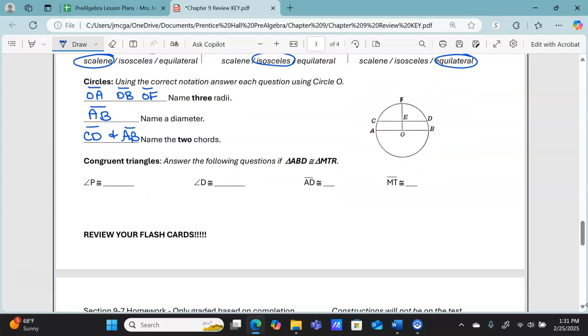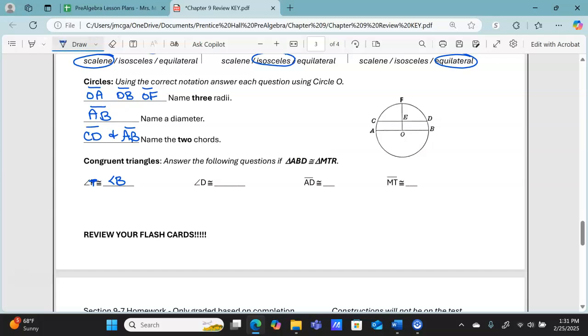Congruent triangles. So from this statement, we can figure these all out. Angle P, oops, got to fix that. We'll call that angle T. And I'll fix that on yours before you get it. So angle T is going to be congruent to angle B because it's the middle letter here. And so I'm going to choose the middle letter there.